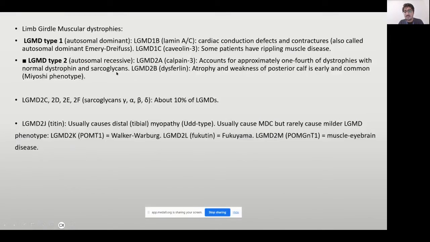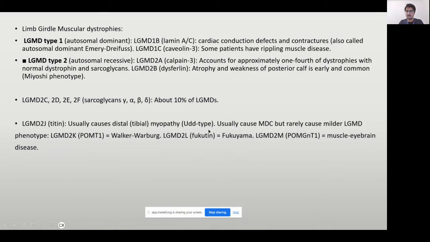Well, the rest are also important, but for the stage of FY1, FY2, and SHO level, the commonly tested ones are the caveolin 3 gene affected in limb-girdle muscular dystrophy, causing a rippling muscle disease, and of course the lamin gene mutation that causes cardiac conduction defects.